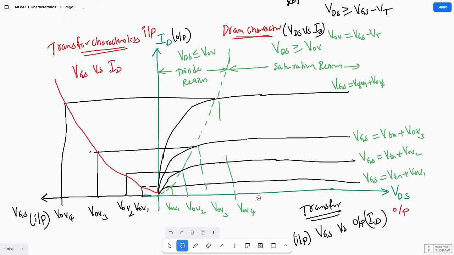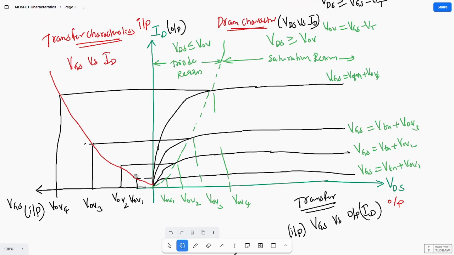The transfer characteristics and drain characteristics also we saw in detail. We need to draw the locus by taking the points; on the right side you draw the drain characteristics, and on the left side the transfer characteristics. Drain characteristics are VDS with respect to ID, and transfer characteristics are VGS with respect to ID, input versus ID.